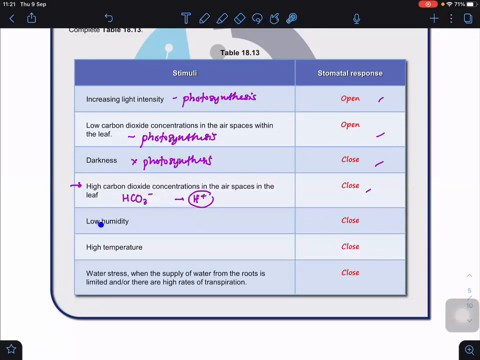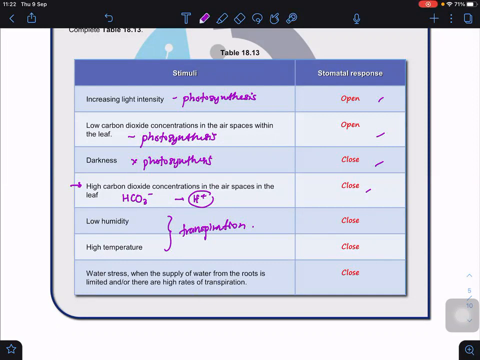Low humidity and high temperature: this one is because of transpiration. If the plant does not want too high a rate of transpiration, then it responds to low humidity and higher temperature by closing the stomata. And as well as water stress, in this case we definitely don't want a high rate of transpiration.